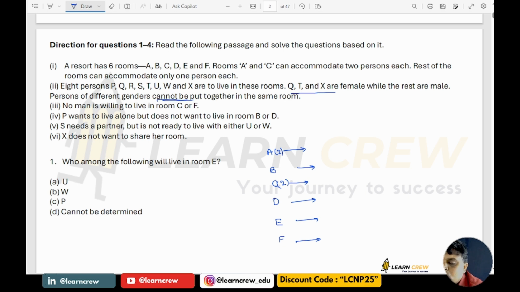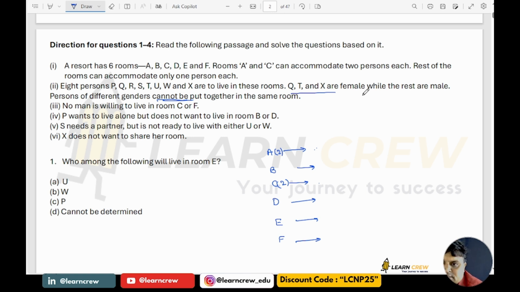Persons of different genders cannot be put together in the same room. What does it mean? 2 women or 2 men can live together, but 1 man and 1 woman can't be in the same room.